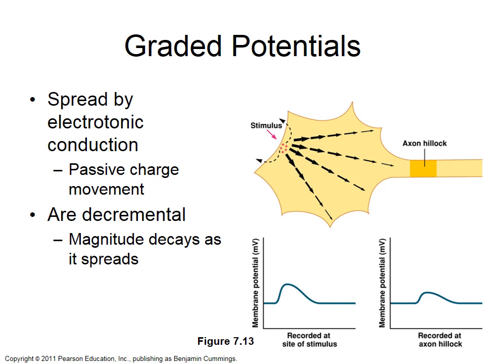Here's the change in membrane potential at the site of the stimulus, the graded potential. Here is the change in membrane potential at the axon hillock. Notice the change in membrane potential is less, because as the charge spreads, it decreases. So graded potentials are decremental. Magnitude decays as it spreads.